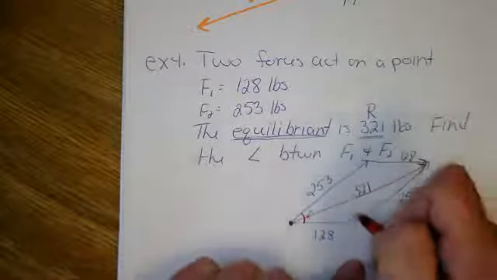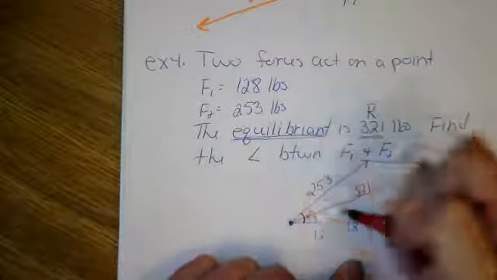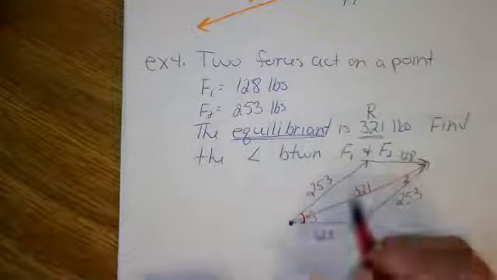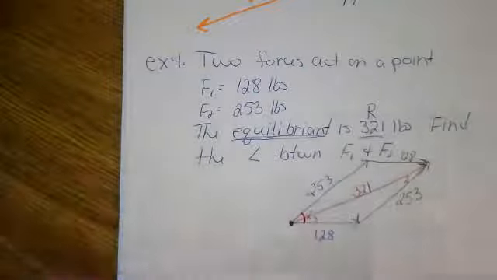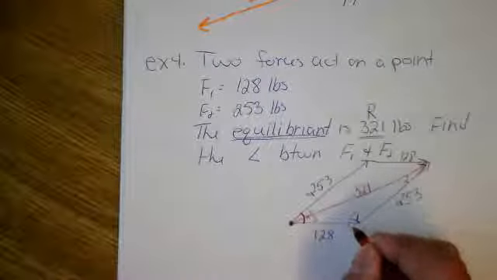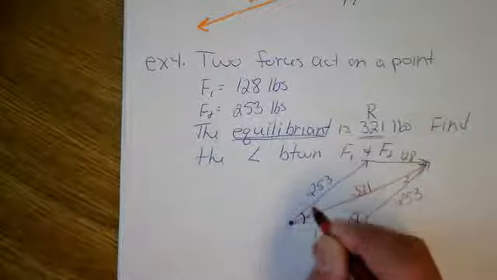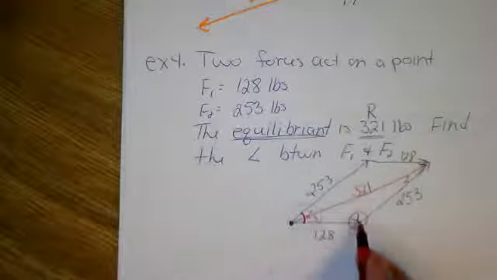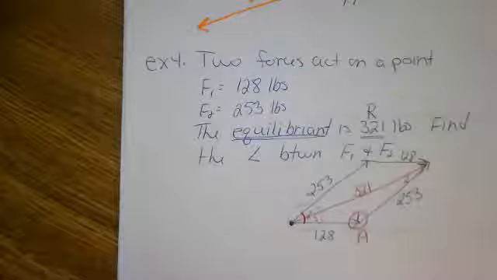I can find this one, and this one, and this one. But remember, none of those three are actually the answer to the question. But remember, this is a parallelogram here. If I can find this angle here, I know that the angle in the other corner of the parallelogram, which is the angle I want to know, is supplementary to that. So we are going to find, I'll call that angle A, that angle, and then subtract from 180 at the end.